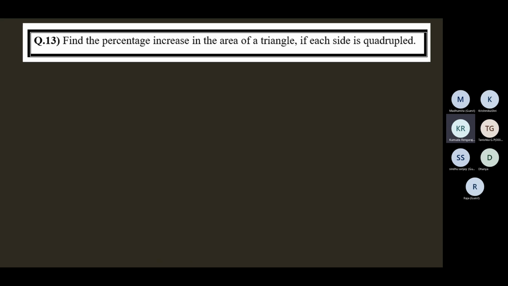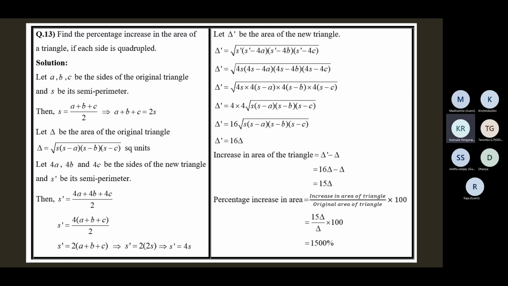Doubled is 2 times, quadrupled is 4 times. So 4A, 4B, and 4C. Same working, exactly the same, but the sides are 4A, 4B, and 4C.